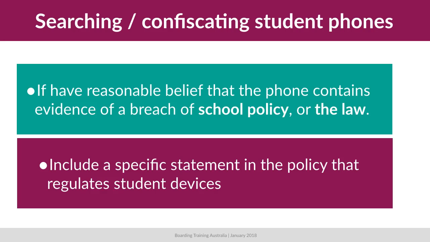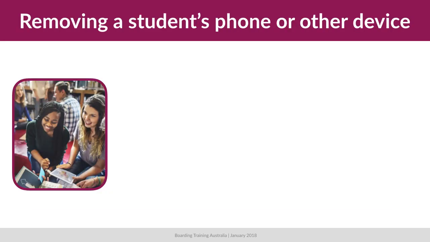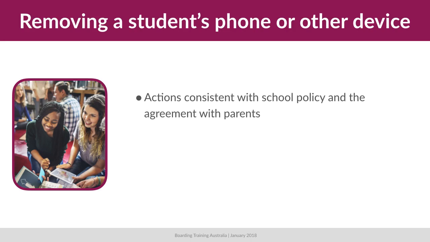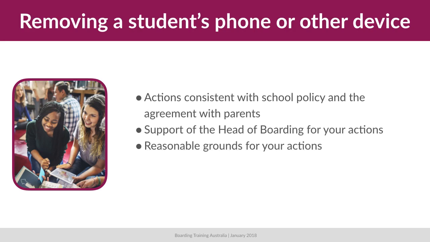There should be a specific statement or policy in your policies and procedures which states that. So you can remove a student's phone or other device. It should be consistent with your policies and procedures, should have the support of the head of boarding for your actions, and there should be reasonable grounds.